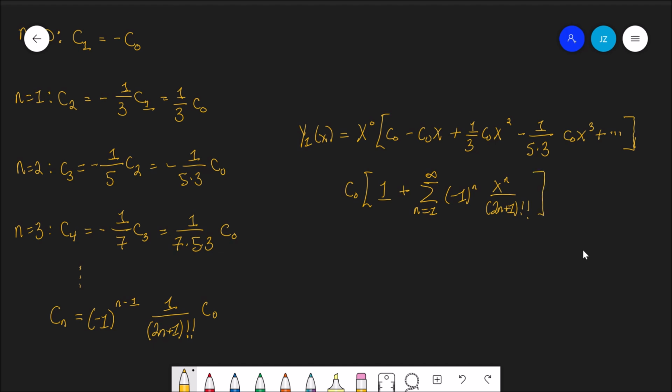But again, this C naught can be any constant. So let's say it's 1, and we get that y1 is 1 plus the summation n equals 1 to infinity of negative 1 to the n x to the n over 2n plus 1 double factorial.